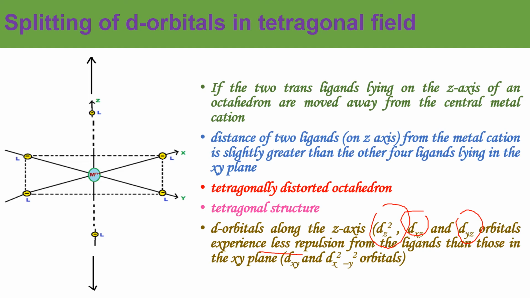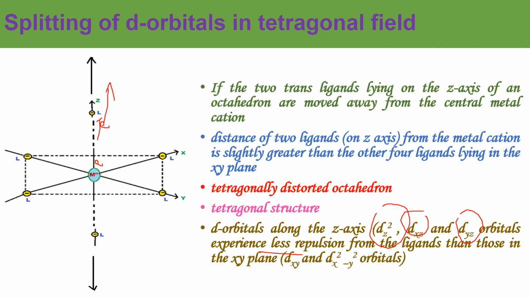Here the ligands are moving away from the metal ion, so the distance increases and the electron interaction between the metal and the ligand decreases.